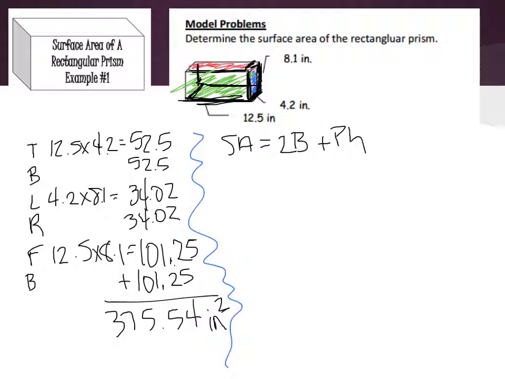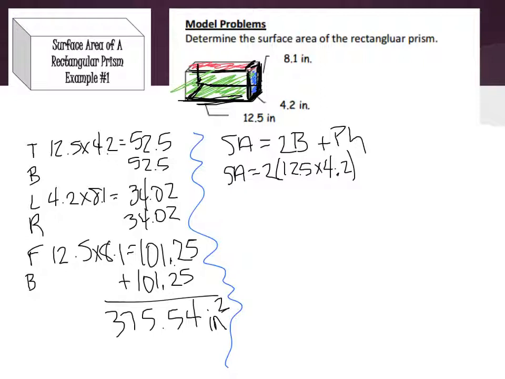We know that our surface area is equal to 2 times, well, our base is 12.5 units times 4.2, there we go, so 12.5 times 4.2 gives us the top and the bottom.